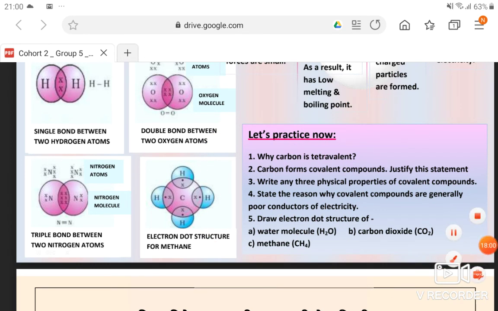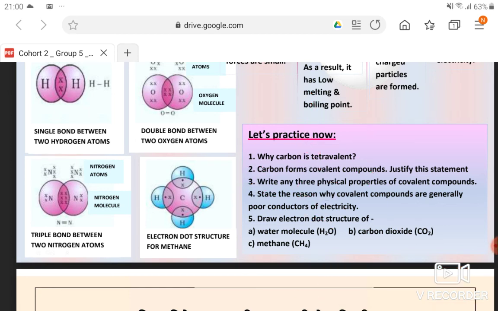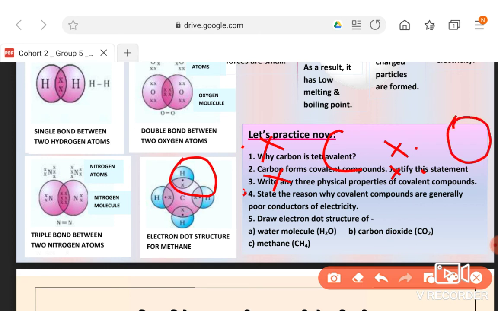Similarly, if you want the electron dot structure of carbon dioxide, carbon contains 4 electrons in the outermost shell. With oxygen, it will share 2 pairs, that is 2 electrons of carbon with 1 oxygen and 2 electrons with another oxygen. Here it is oxygen, 2 electrons of oxygen and 4 electrons of carbon.